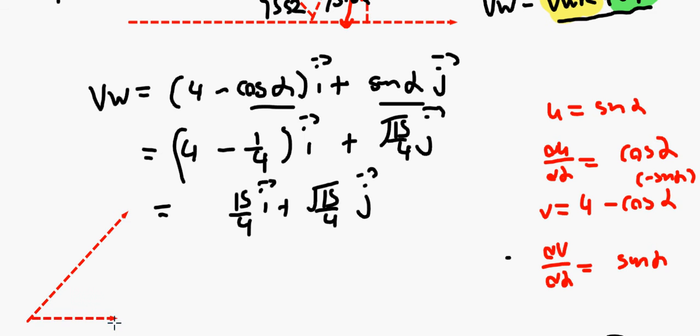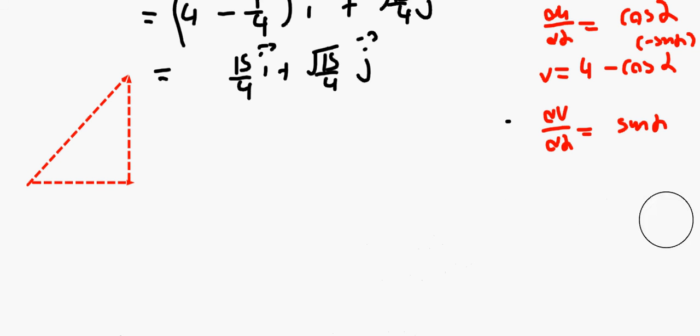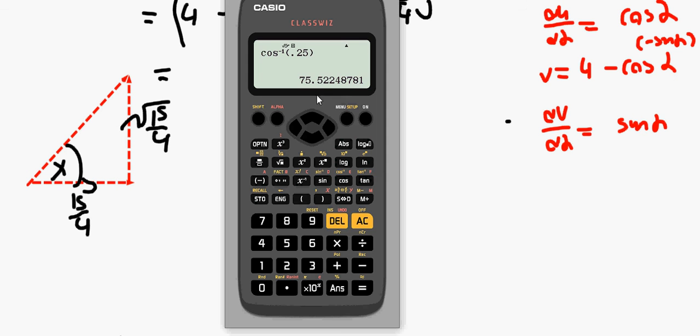But she gets pulled downstream at a rate of 15 over 4 to the right and root 15 over 4 upwards. To the right, upwards. I'm going to figure out what angle x is now. So I'm going to do tan inverse root 15 over 4, divided by 15 over 4.